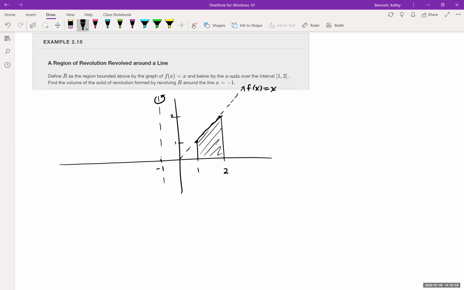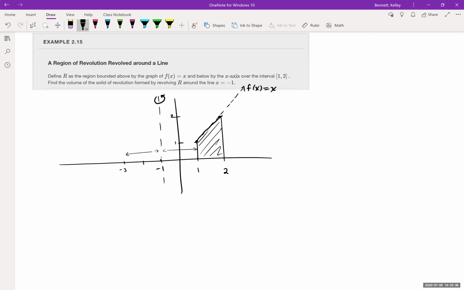So I'm rotating here. That means I'm going to have this distance. If I drew my region starting here, I would have an asymmetrical distance on my axis of rotation, which is definitely not what you want to do. So make sure that you're giving enough space here. We need to go out to -3 because we need to make sure that we have that same distance on each side.